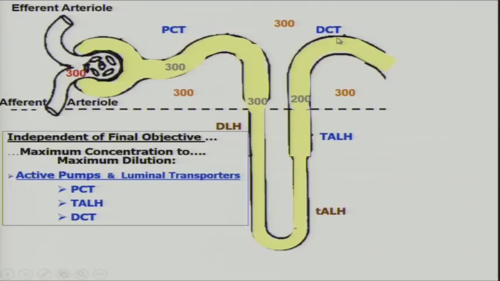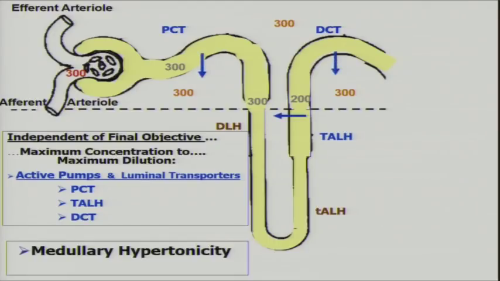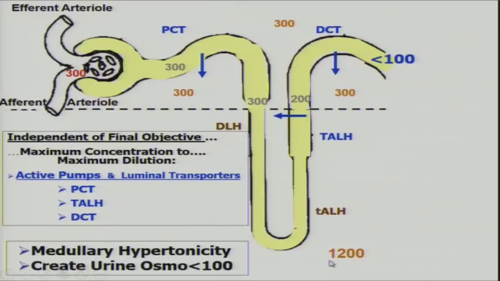Anything that's going to affect these things is going to affect the ability to either maximally concentrate or dilute your urine. And they allow us to create the maximum medullary tonicity up to 1200, and at the same time to create a maximum dilute urine of less than 100, to create these two extremes.